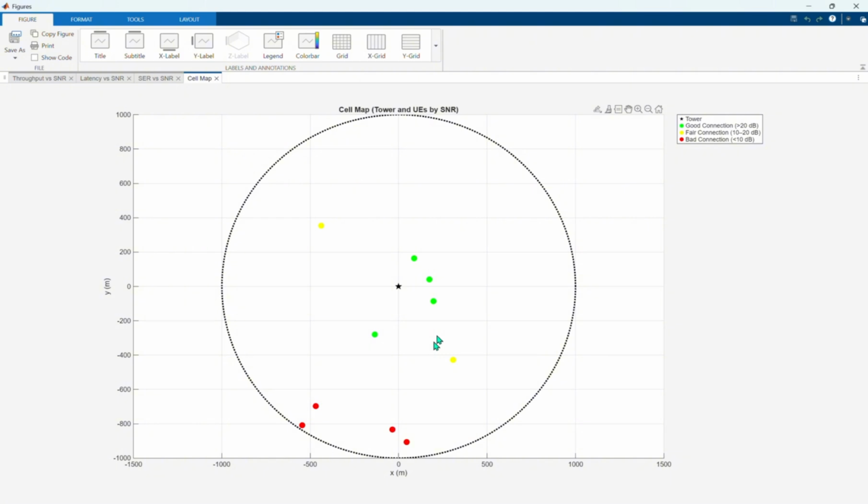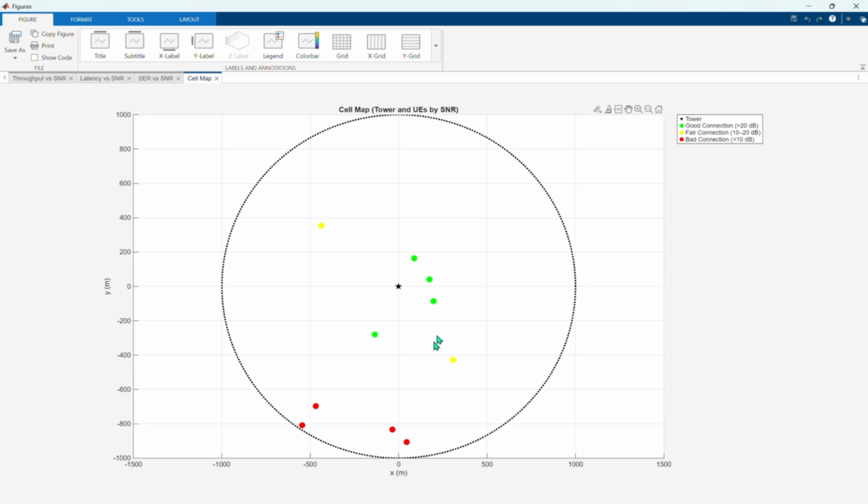As expected, the users near the center enjoy stronger signals and are marked green, indicating good SNR and high data rates. As users move further away, path loss and interference increase, reducing their SNR and resulting in fair or bad connections, shown in yellow and red. This clearly illustrates the inverse relationship between distance and signal quality, a core principle in wireless propagation.